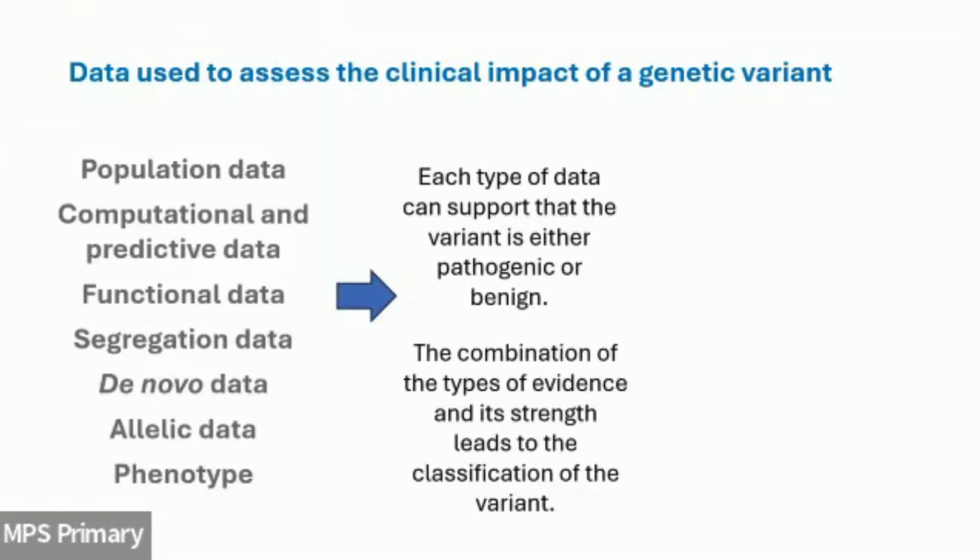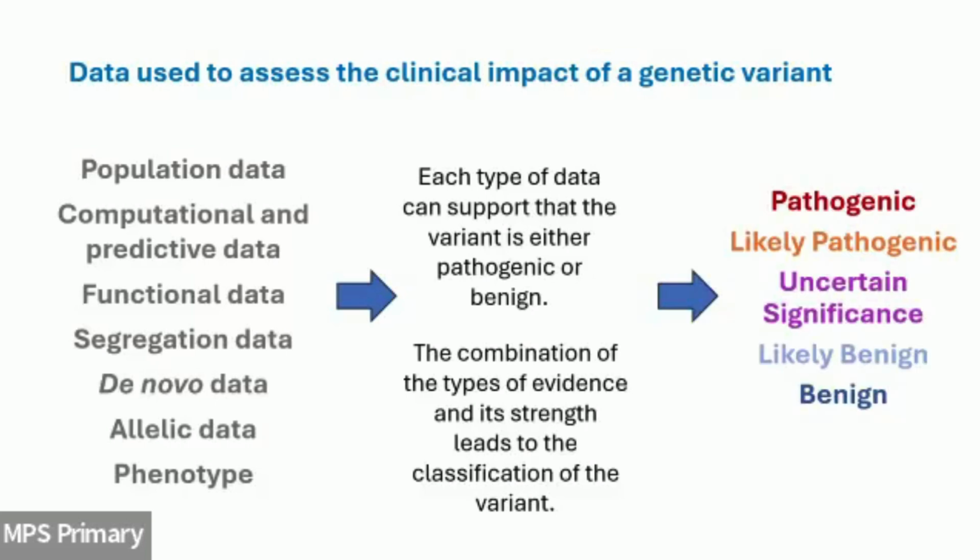So each type of data can be used either to support that a variant is pathogenic or benign. And after we collect all of the data, we're collecting this data mainly from scientific publications and also public databases. We collect all the information together. We look at the types of evidence we have and how strong that evidence is.